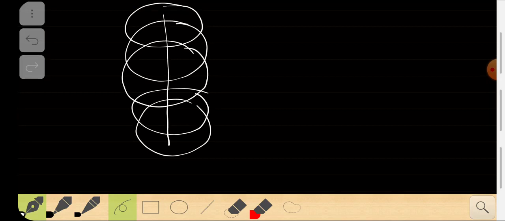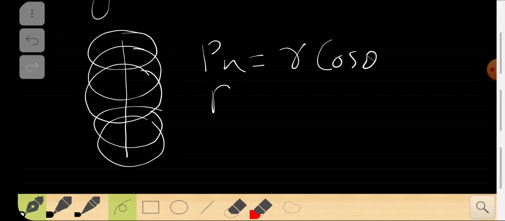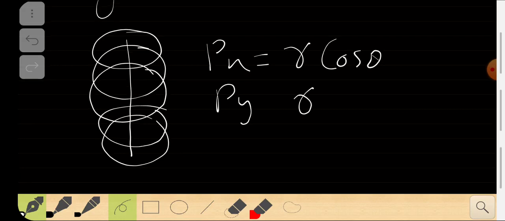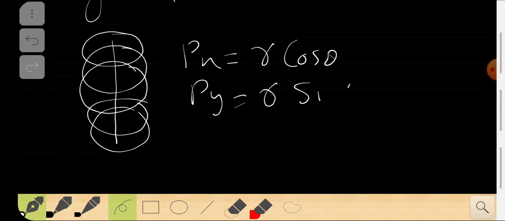So px will be the same as we assumed for the circle: some radius times cos theta, and py will be some radius or magnitude times sine theta.